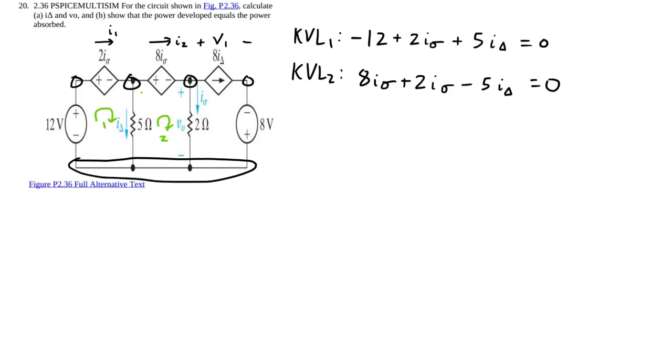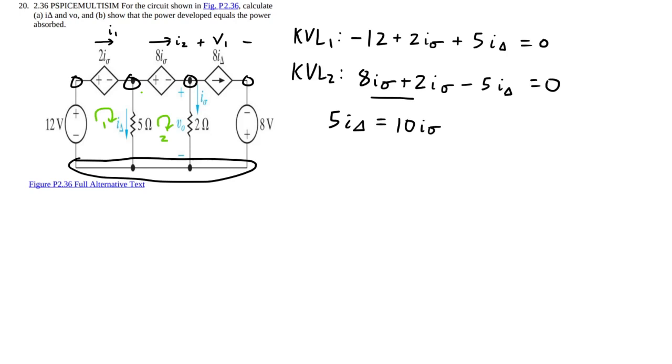Okay, so we can right away notice a relationship between these two. If we add 5 I delta to both sides and add these two together, you get 10 I sigma.